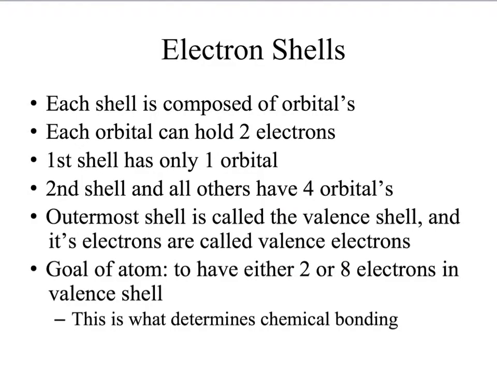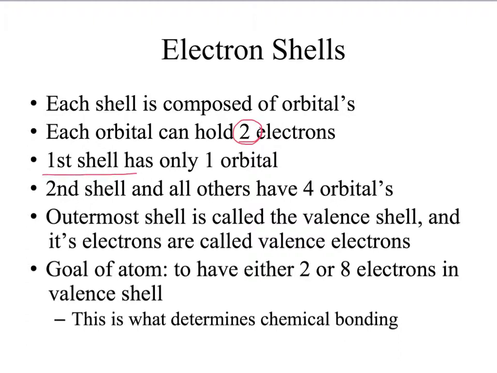So now we need to talk about these electron shells. Again, the electron shells are where you're most likely to see an electron at any particular time. Each shell is composed of orbitals, and each orbital can hold up to 2 electrons. So these are really important facts. Each shell is composed of orbitals. Each orbital can hold 2 electrons. Now here's another important detail.